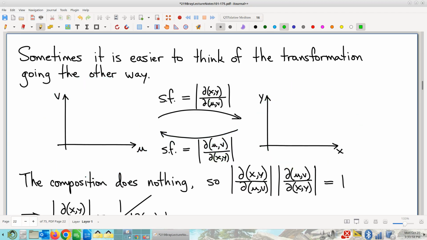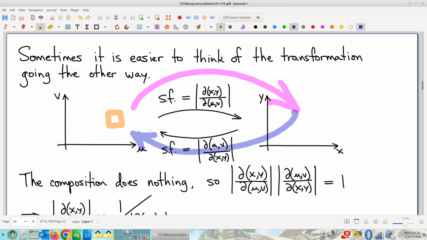Alrighty. Now let's imagine that I have some little piece of area here. What would happen if I look at its image over there, and then whatever that image is, come back to the UV plane with it? Of course, this being the inverse of that, the answer is nothing happens. But I can also say this a different way. When I do the purple path, I'm multiplying by that factor.